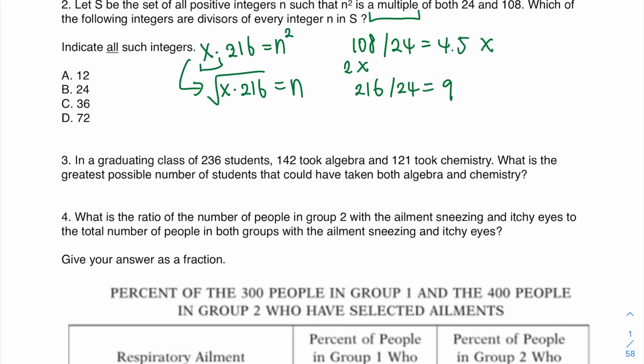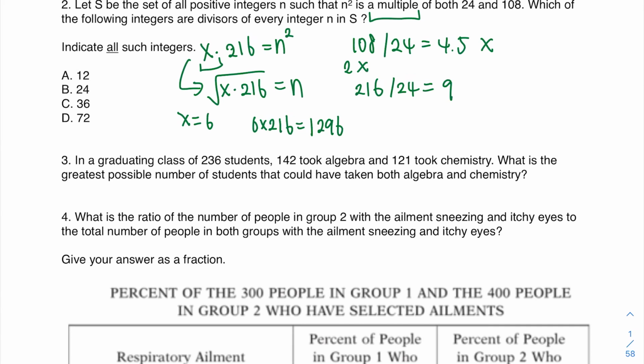It's not so hard to try. You don't need to spend so much time. x is 6. When x is 6, 6 times 216 is 1296.